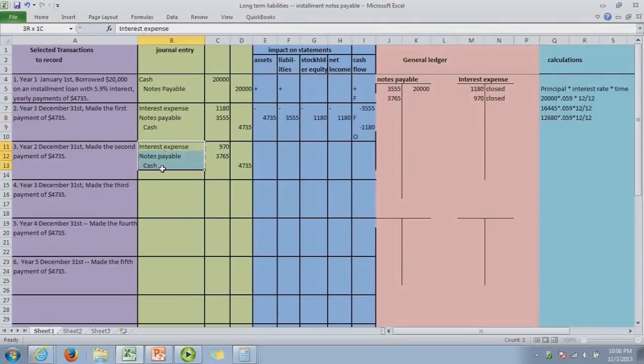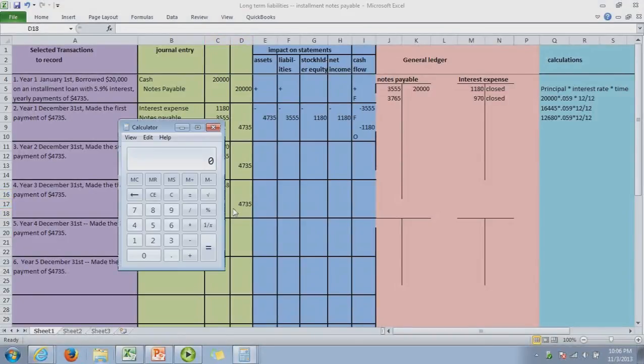I guess I should have brought this down. At least the titles don't change. So 748 is the interest expense for the third year. Cash as usual is given. And of course the reduction to principal should just simply be the difference.